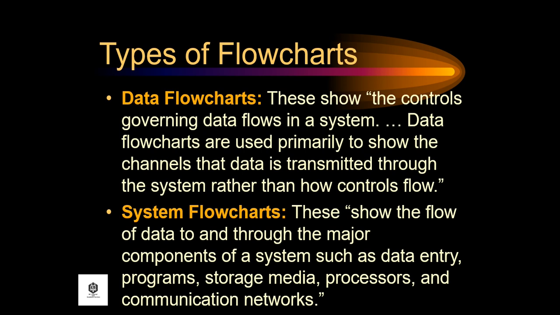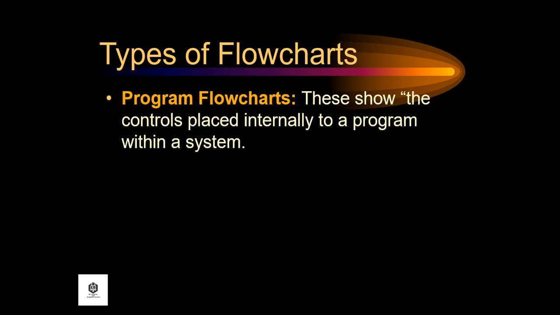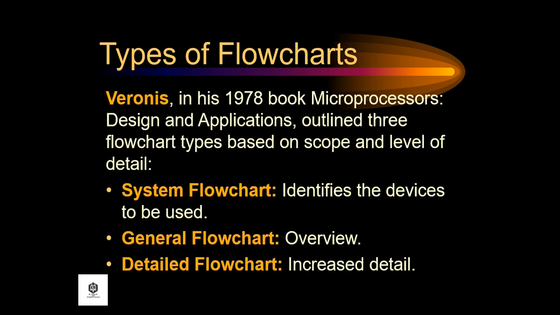Data flowcharts are used primarily to show the channels that data is transmitted through the system rather than how controls flow. Another type is system flowcharts. These show the flow of data to and through the major components of a system such as data entry, programs, storage media, processors, and communication networks. And another is the program flowcharts that show the controls placed internally to a program within a system.